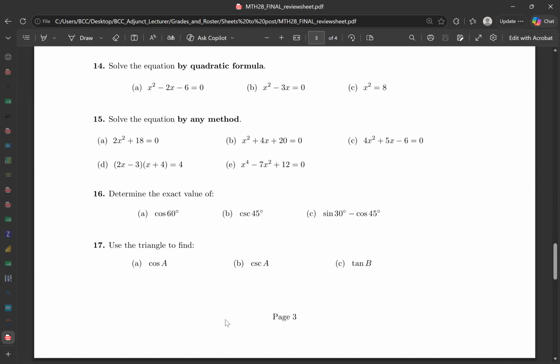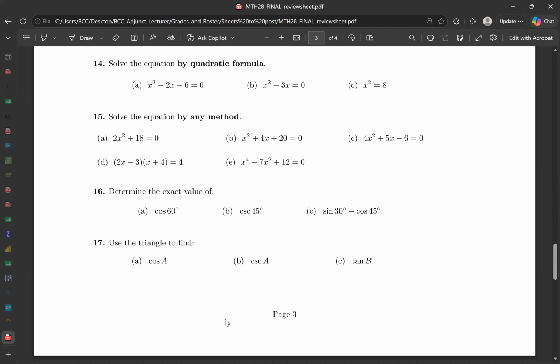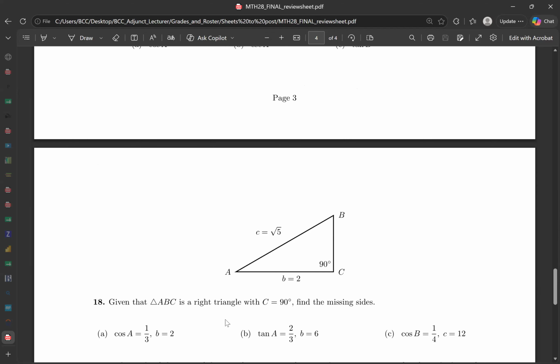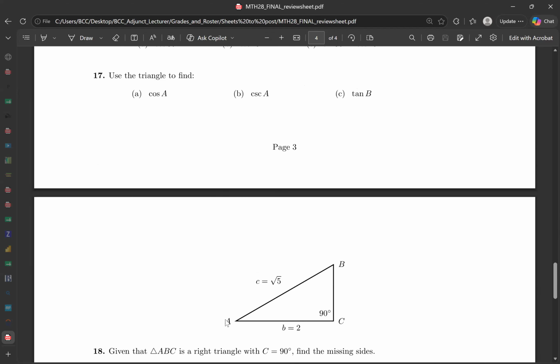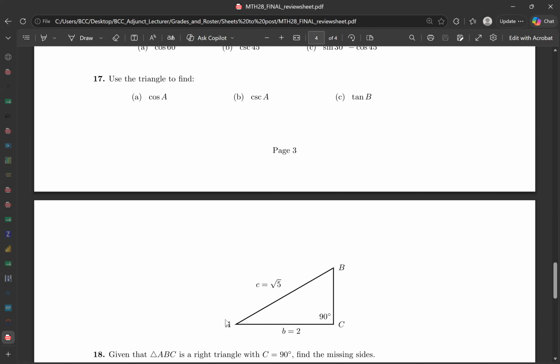What do you mean? At the bottom, 16 and 17. 16, yeah, the calculator. 17 involves this triangle. My fault. Same thing we just did.